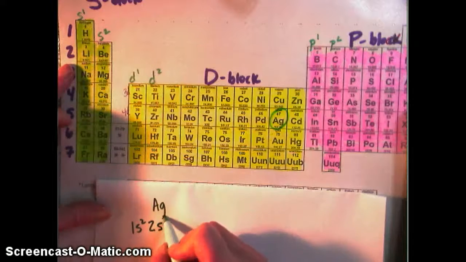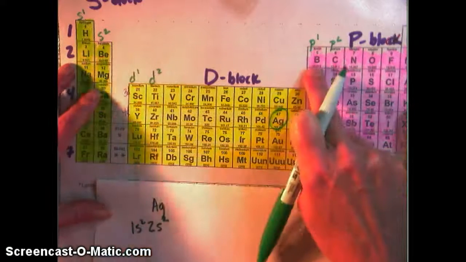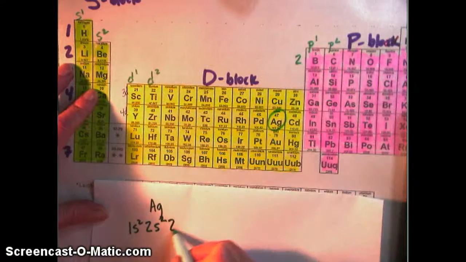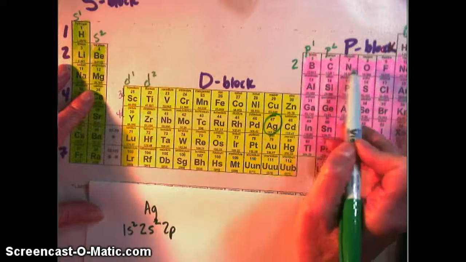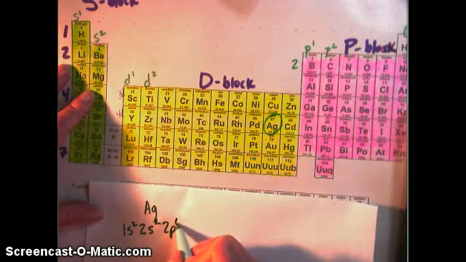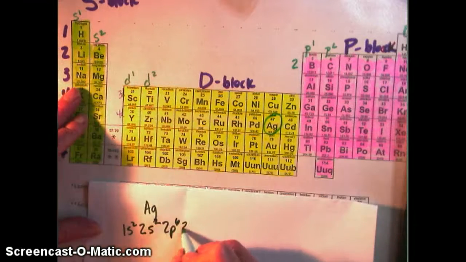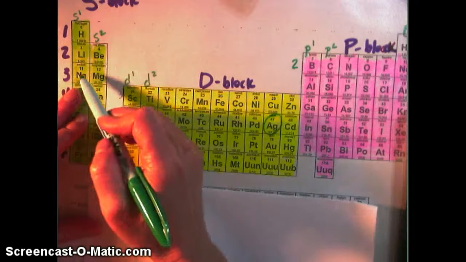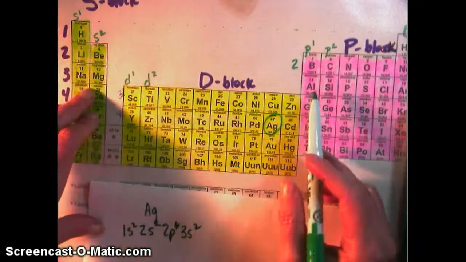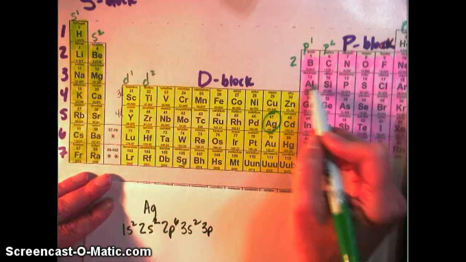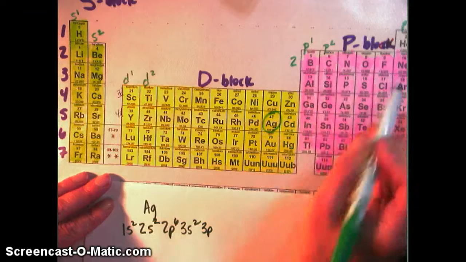Then we skip on over to the P, and that's still the second row, so it's 2p, 1, 2, 3, 4, 5, 6. Third row will be filled next, and that's the S suborbital, 1, 2. And skip on over to the P, 3p, 1, 2, 3, 4, 5, 6.